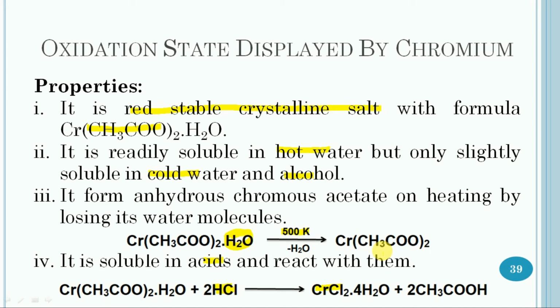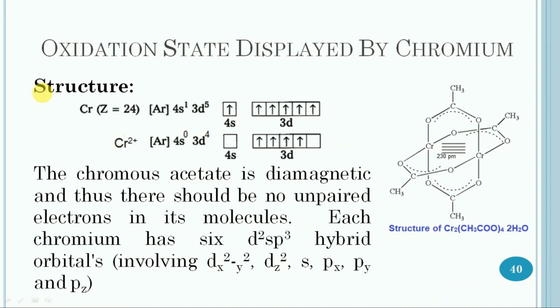Next is the structure of chromium 2 acetate monohydrate. The electronic configuration of chromium has 1 electron in the 4s orbital and 5 electrons in the 3d orbitals. In case of chromium 2+, it will have only 4 electrons in 3d orbitals.